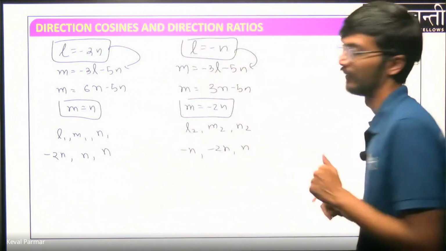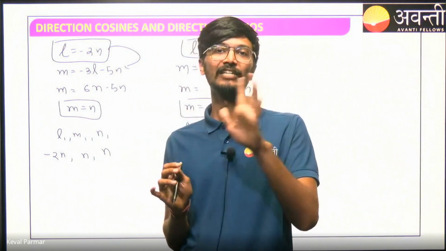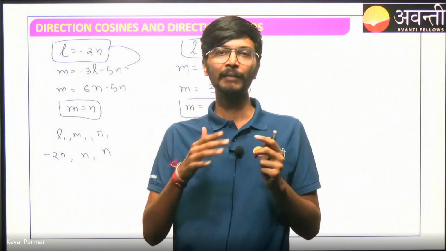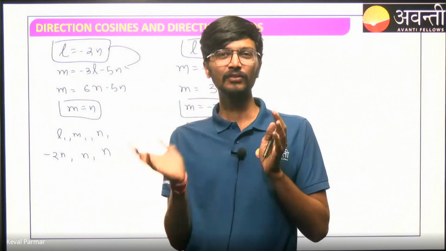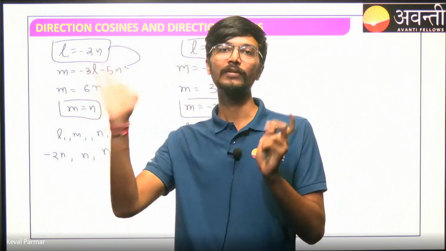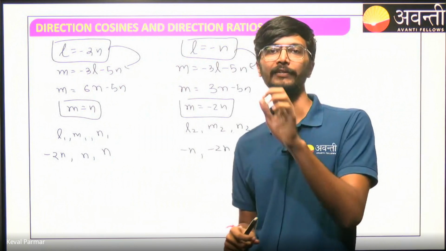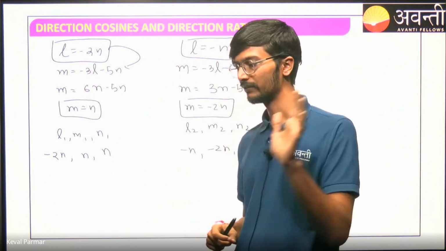So what I was saying is, after that we have direction ratios. What is meant by direction ratios? Direction ratios are nothing but numbers proportional to direction cosines. Numbers proportional to direction cosines are called direction ratios.